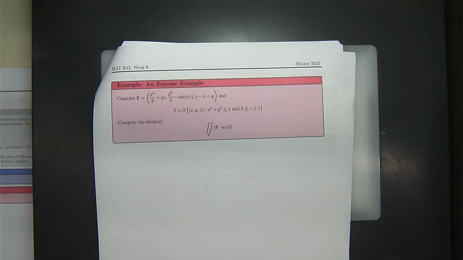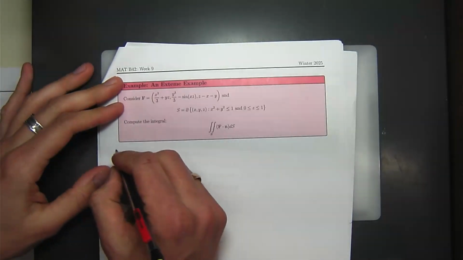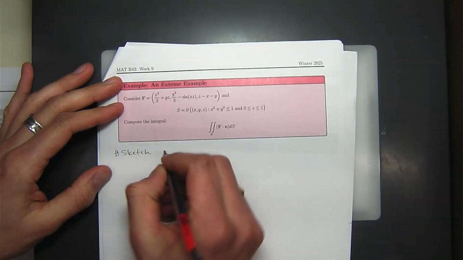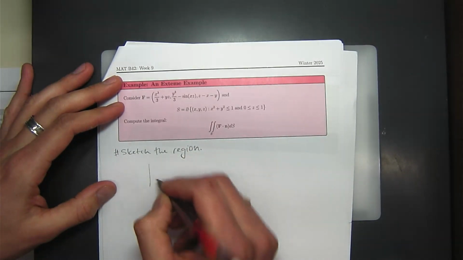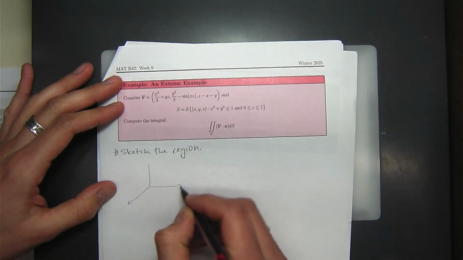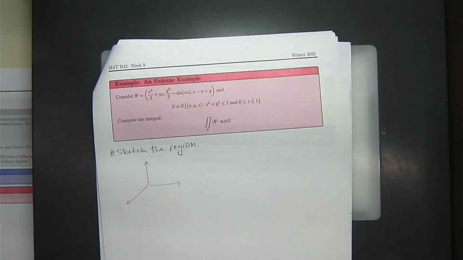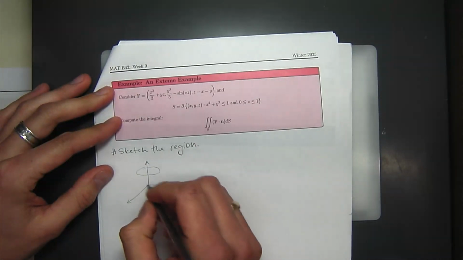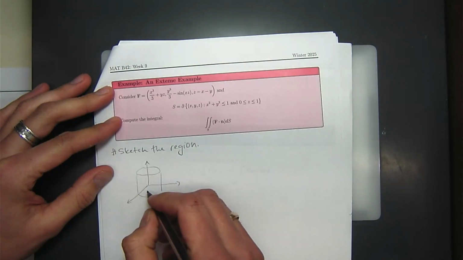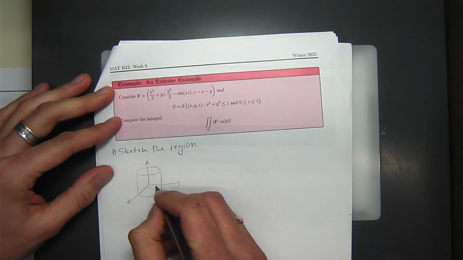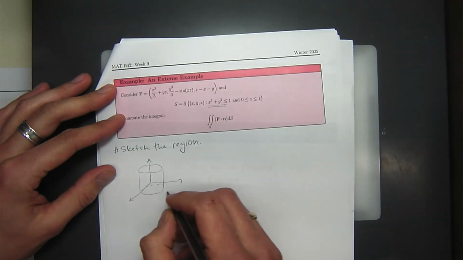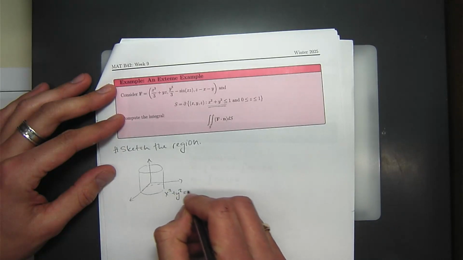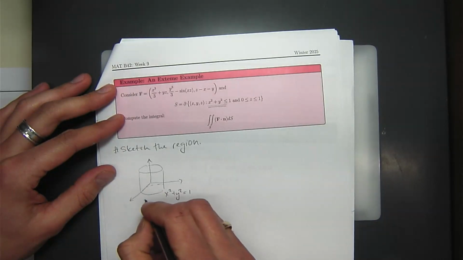Okay, so what even is this region? So a region is going to be sort of a cylinder, and then it will go between z and 0.